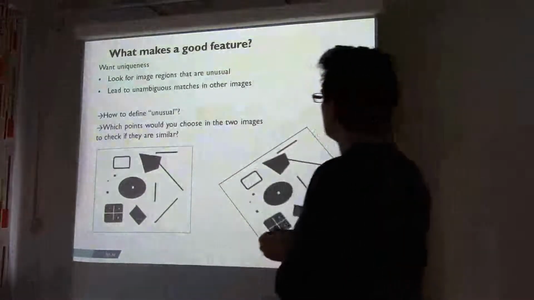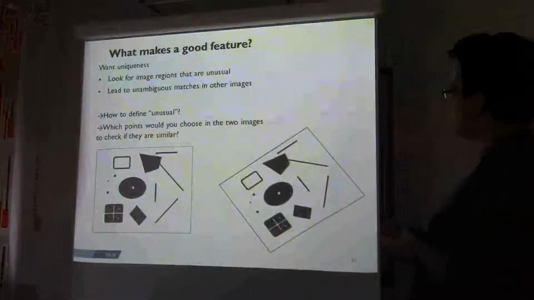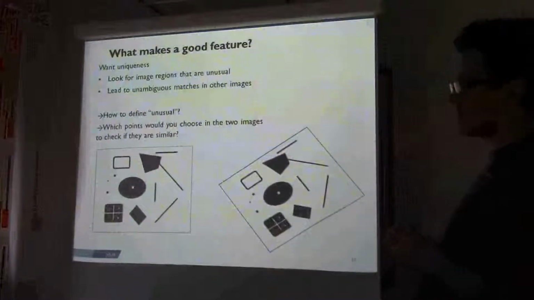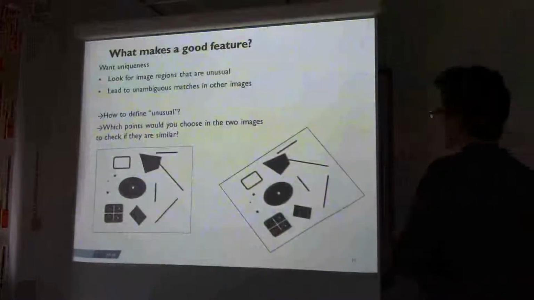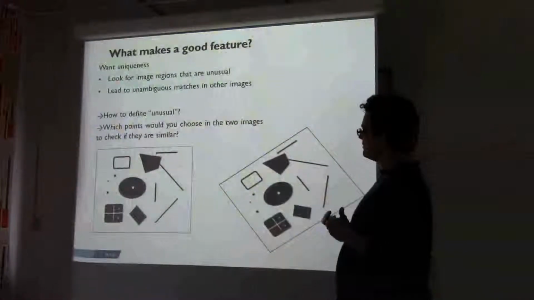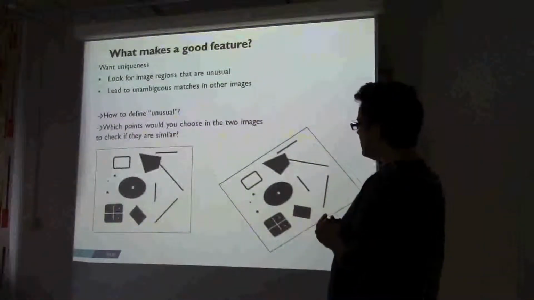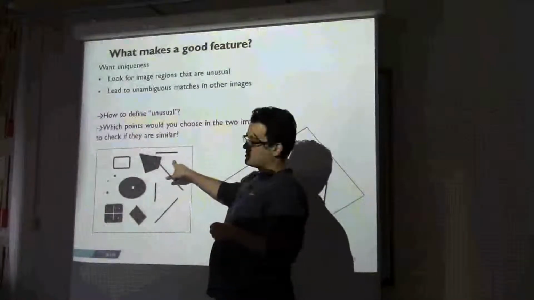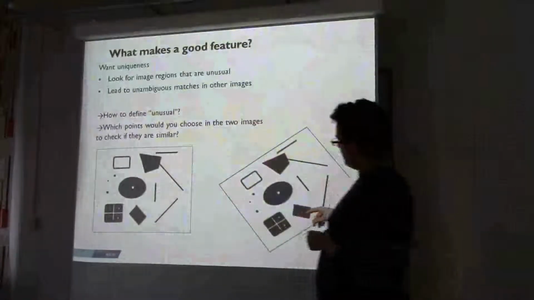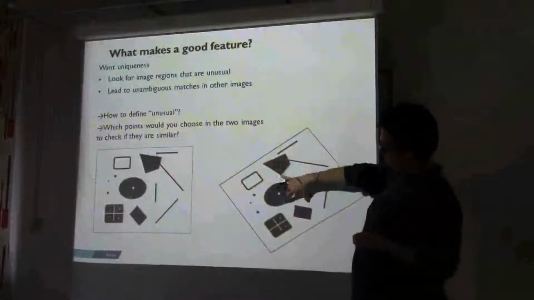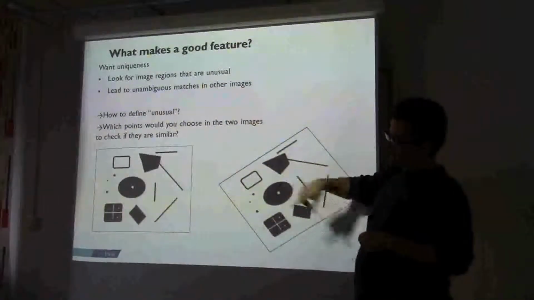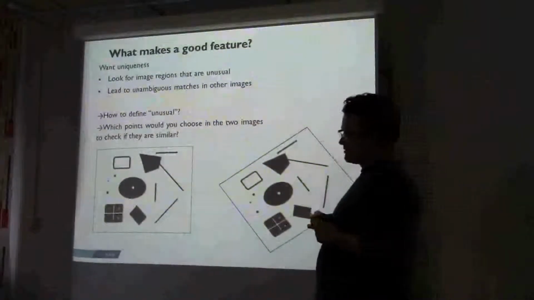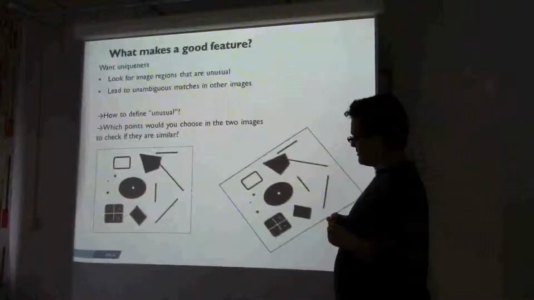So we want points that have some kind of uniqueness around. Regions that are unusual. For example, if I say to you, okay, mark points in this image that you can use later in this image to say that they are the same. How would you do that in this case?